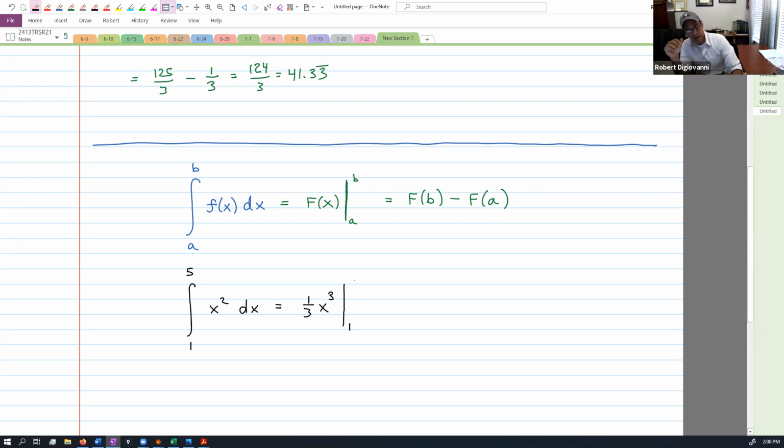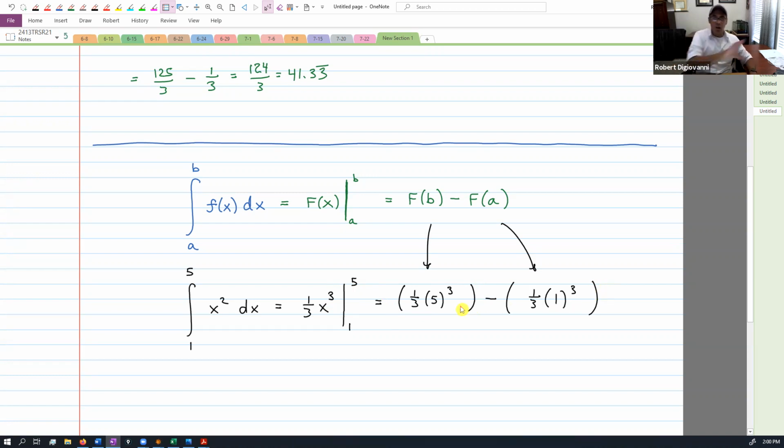Now I still need to evaluate it at these two points, 5 and 1. So I'm going to take something here and subtract from it something, right? So first I plug 5 into this: 1/3 times 5 cubed, and then 1/3 times 1 cubed.